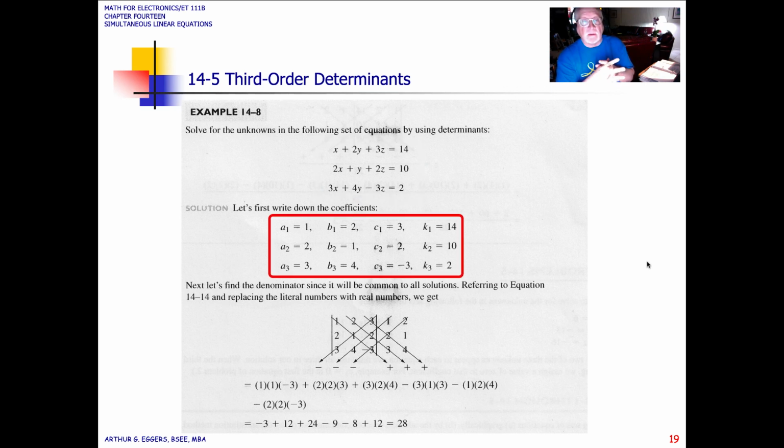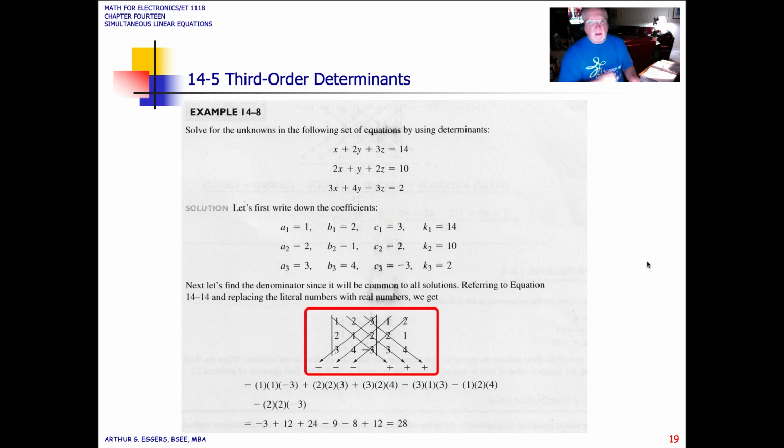Again, at the bottom here, you can see the little map that you will use to produce the determinants in their mathematical form when you do your solutions. As we line these up, you can see here, we find the denominator. Since it's common to all of the solutions, we can set it up this way.